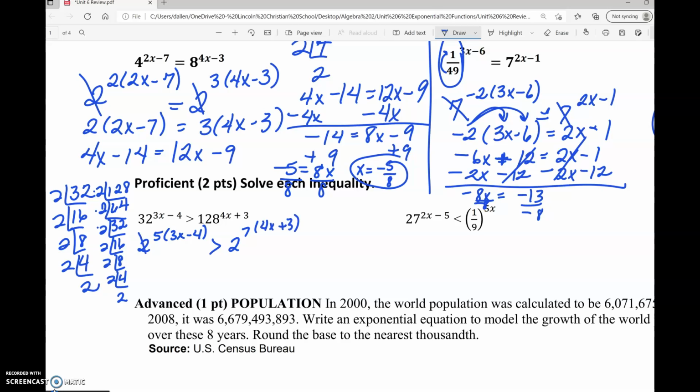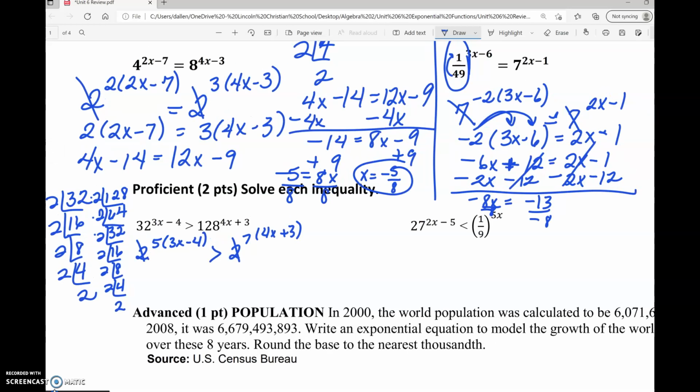And then again, once bases are the same, they cancel. I'm going to distribute my 5 there, so I get 15x minus 20 is greater than 28x plus 21. And then subtract 15x and subtract 21.